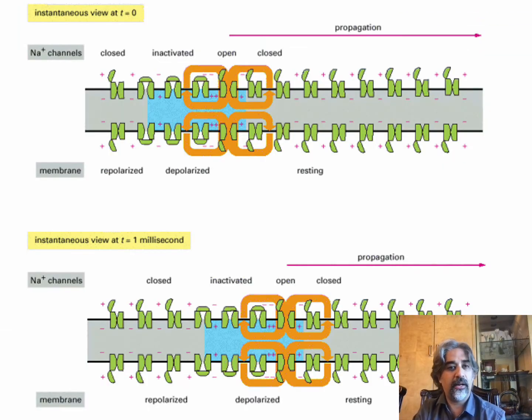So with an unmyelinated normal neuron, you'll have sodiums coming in and depolarizing neighboring membrane, and that's going to cause the neighboring membrane to depolarize as well, an action potential to occur. And this keeps happening, propagating in this direction, and it can't propagate backwards because these are in their inactive absolute refractory state.